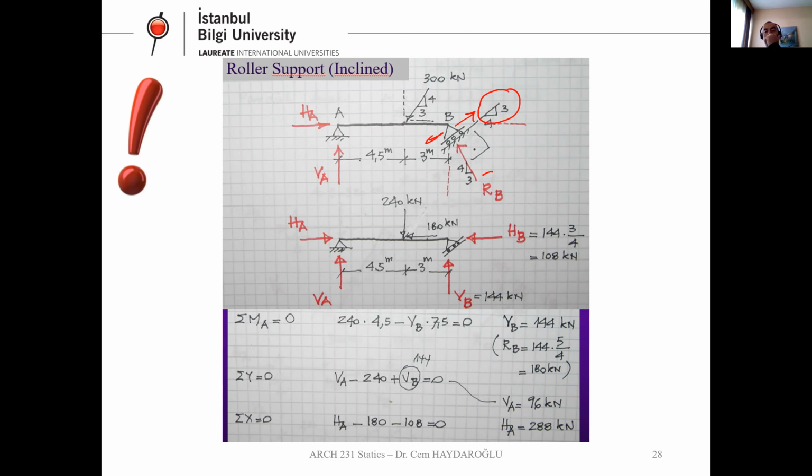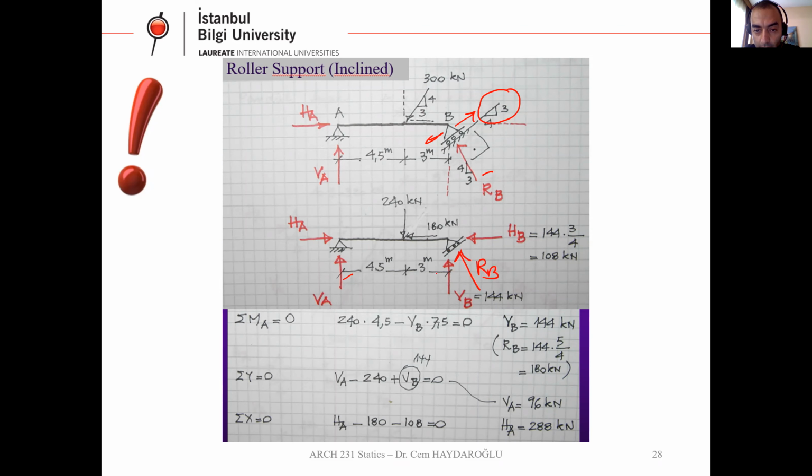So we have VB, okay, but what is RB? We are actually looking for RB, not VB. As you can see here, RB is in this direction.